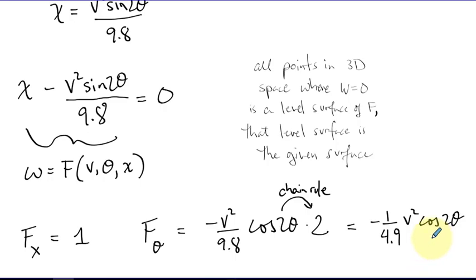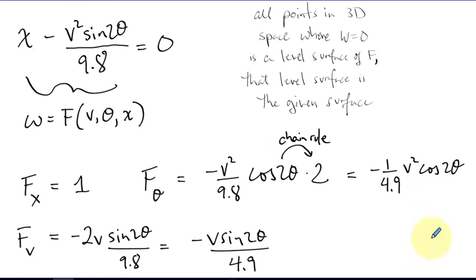And there's one more variable there, that's V. Taking a derivative of this function F with respect to V, X is a constant, it goes away in the derivative. When I take a derivative with respect to V, I'm looking at the sine 2 theta over 9.8 as a constant. Just taking a derivative with respect to V, I get negative 2 times V times that constant factor. Simplifying that, I get negative V sine 2 theta over 4.9.